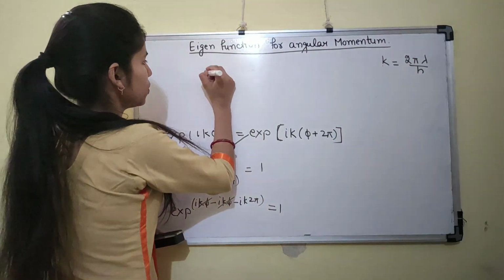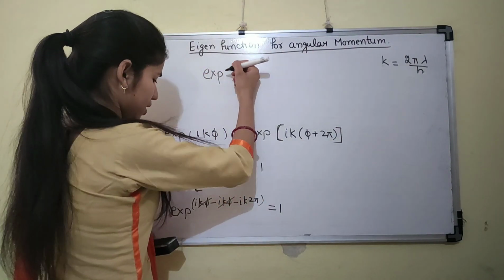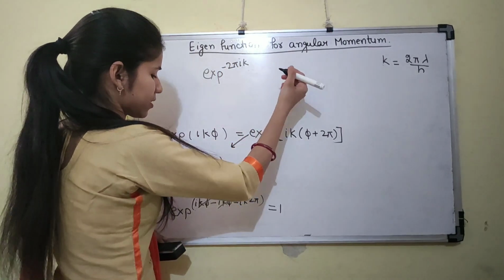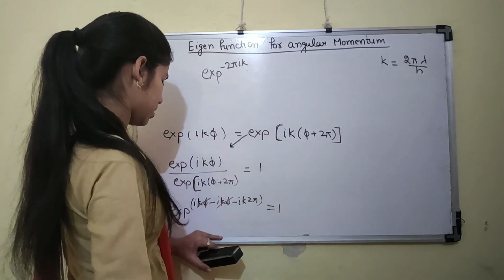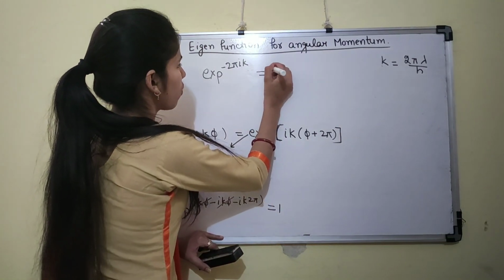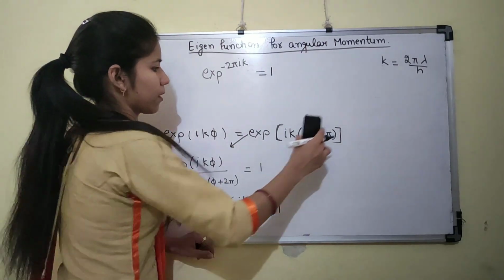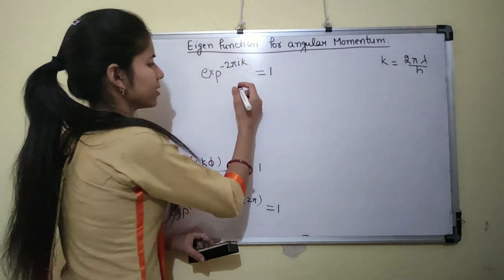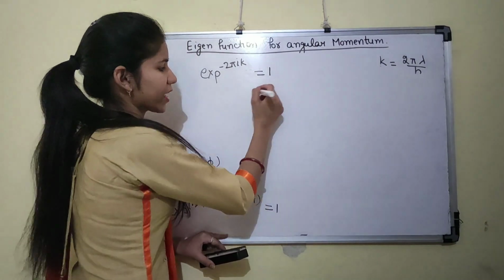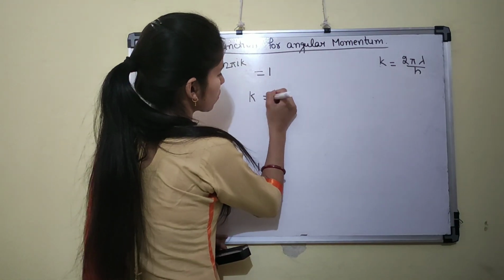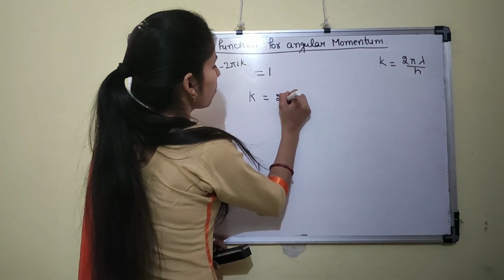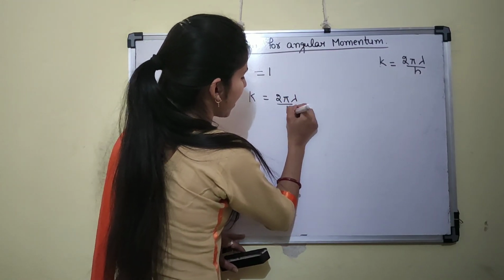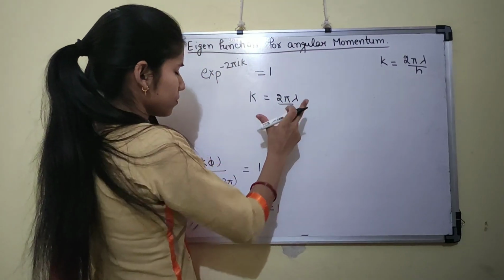So it is exponential minus 2 pi iota k equals 1. So from there, the value of k is 2 pi lambda by h.